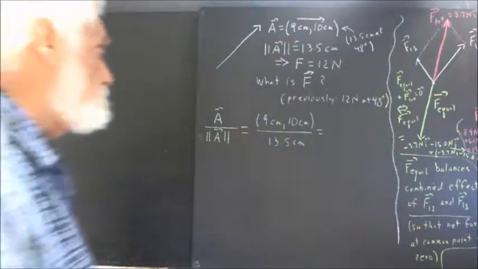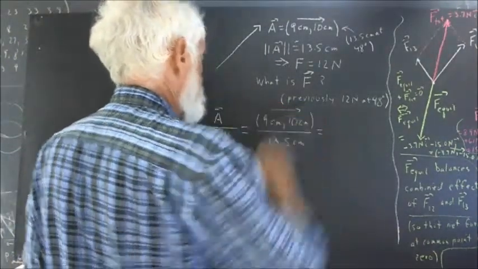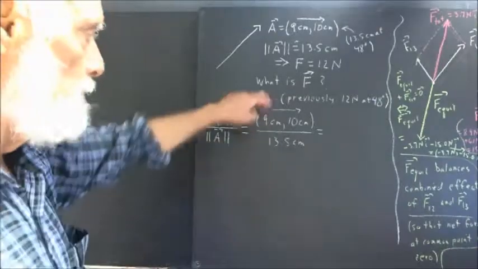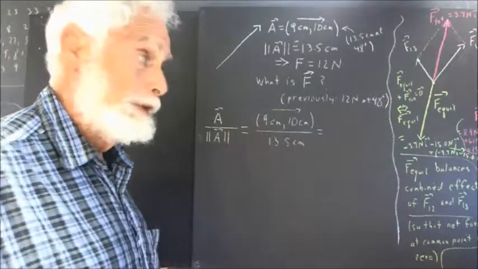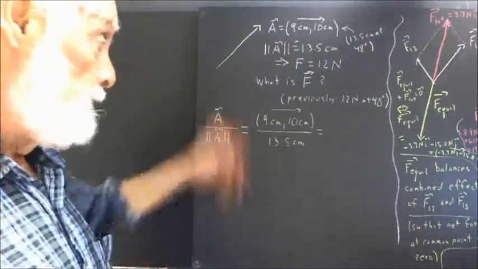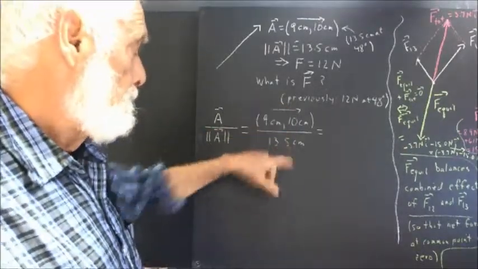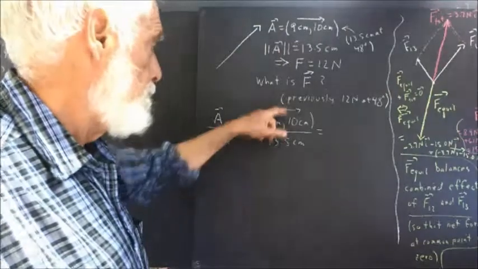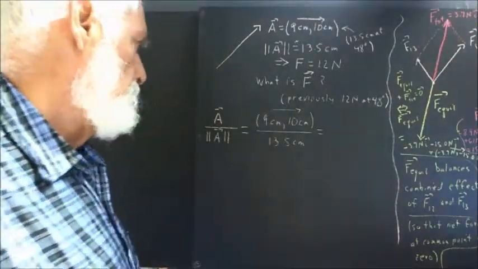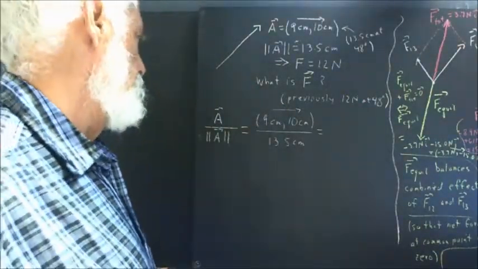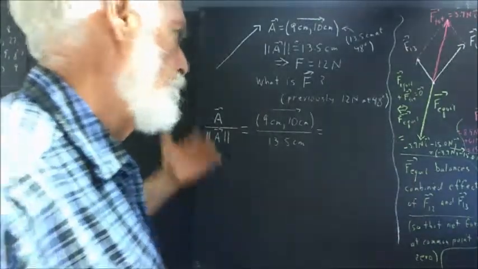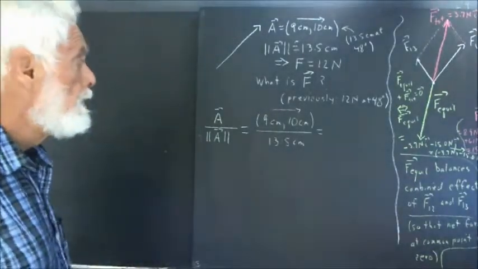Now, when we do that, two things. Well, we're going to divide the 9 centimeters by 13.5 centimeters. I believe that's going to give us 0.67. And then we're going to divide the 10 centimeters by 13.5 centimeters, giving us 0.7475, something like that.